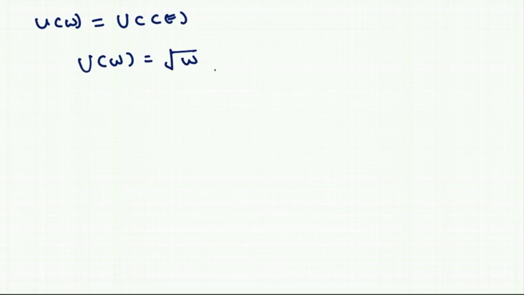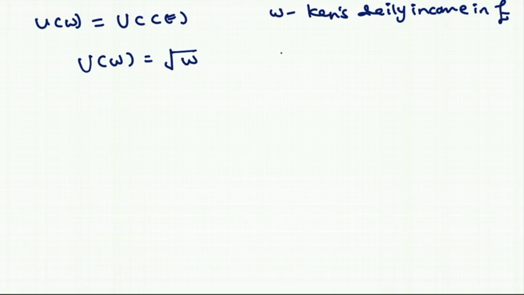W here is Ken's daily income in pound sterling. Now, we also assume that Ken does not have any initial wealth. He only can get income if he works. That's what it means.